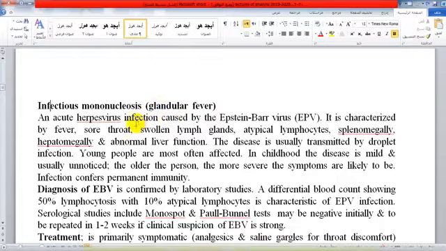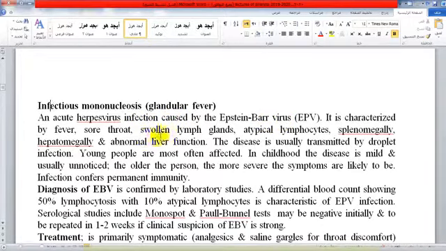It is an acute herpes virus infection caused by the Epstein-Barr virus. It is characterized by fever, sore throat, swollen lymph glands, atypical lymphocytes, splenomegaly, hepatomegaly, and abnormal liver function.